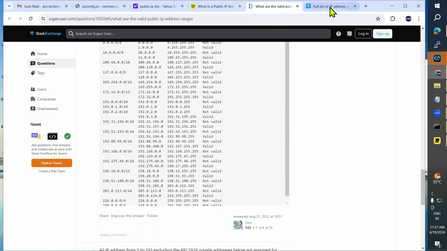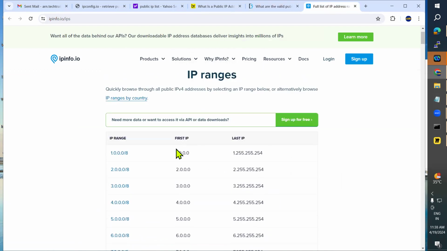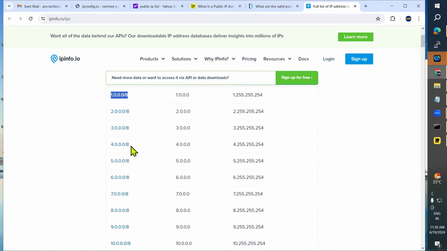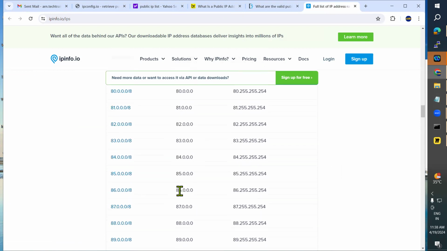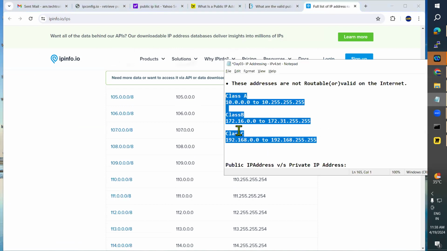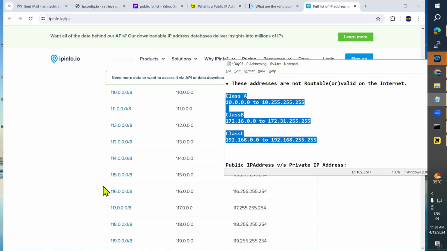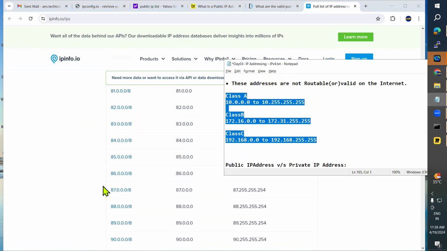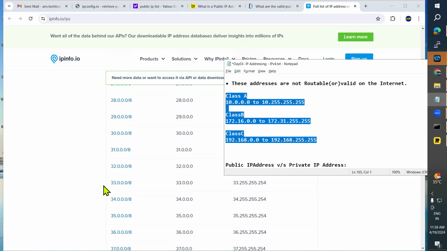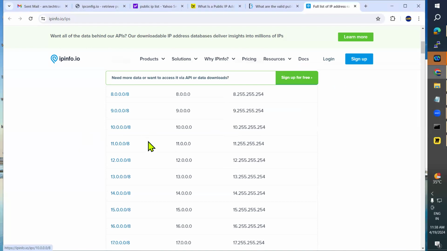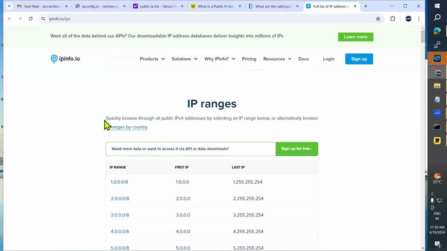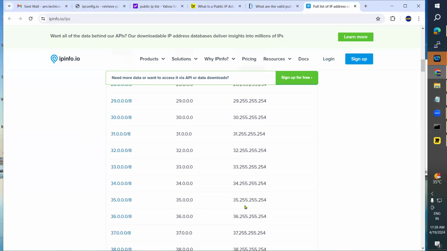So there are many public addresses. These are all public IP addresses. See, if any IP address starts with 10, if you go up, 10.0.0.8, oh, this is a mixed private and public IP address range.